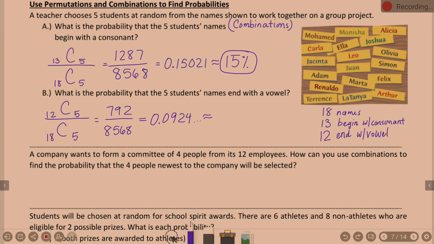As a percent, I actually, for whatever reason, have 9.24%. Actually, I know why I did that. I went to check with the book, and the book said 9.24. I do remember I'd only written down 9, and the book changed it up.